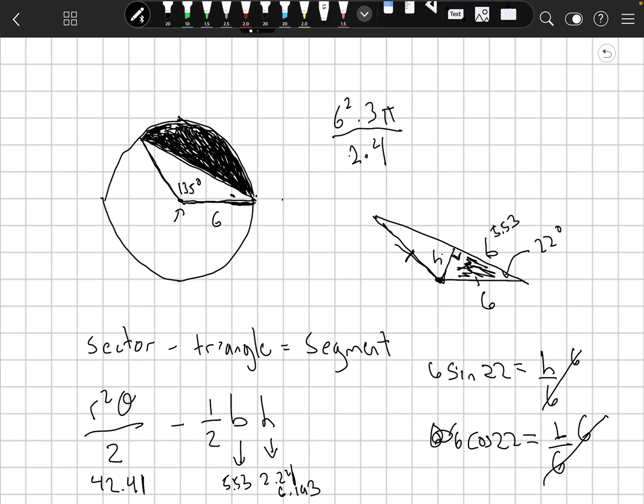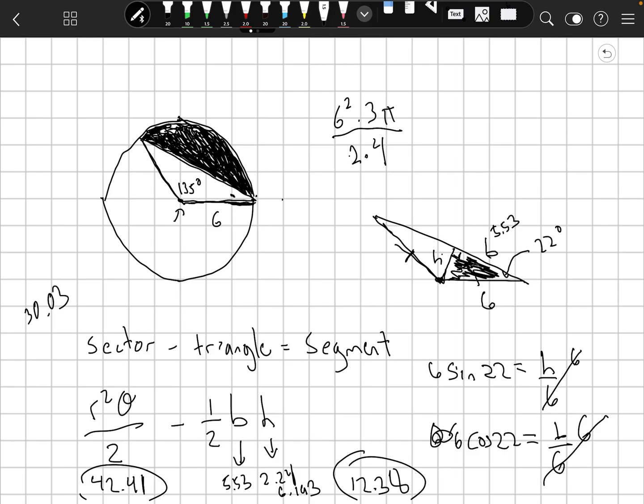Remember, that's just for half of the triangle, so we have to double that, times 2, and we get 12.38. We're going to subtract that from the sector, 42.41 minus 12.38, and I end up with 30.03.